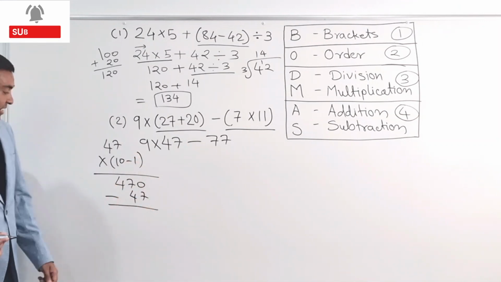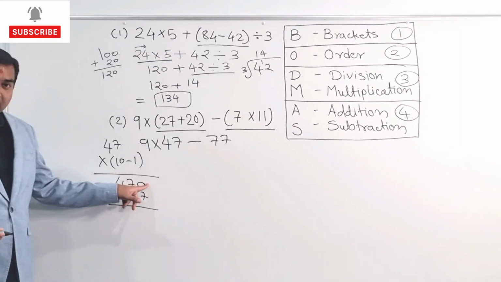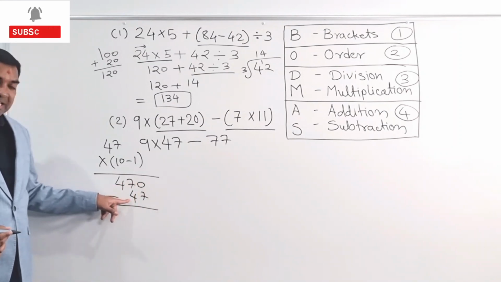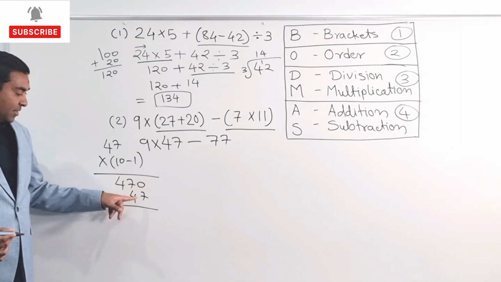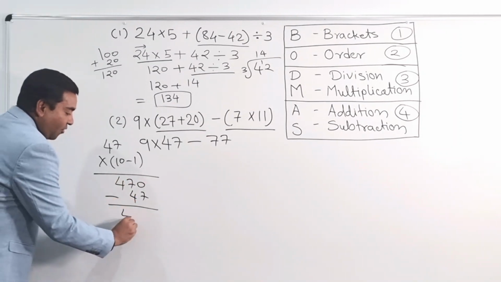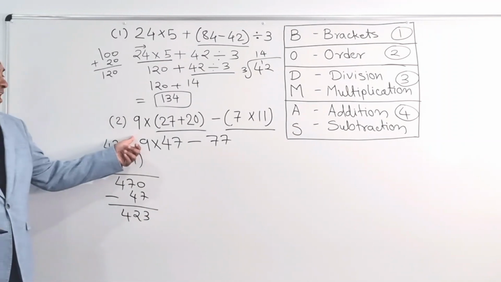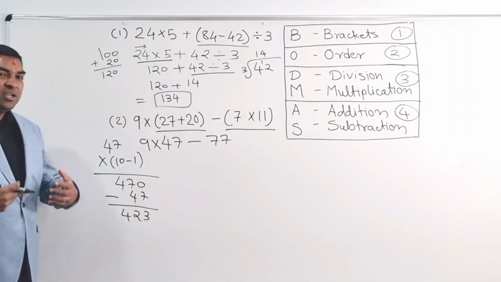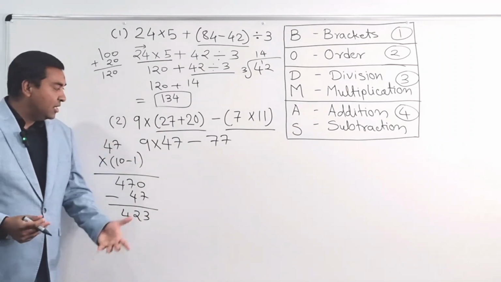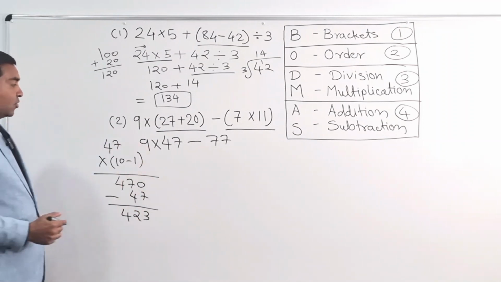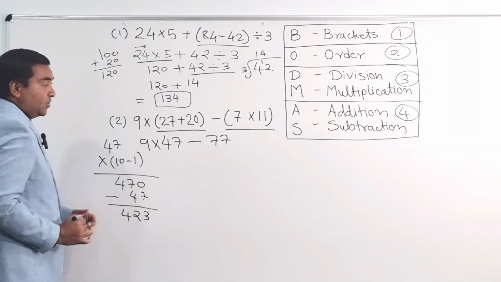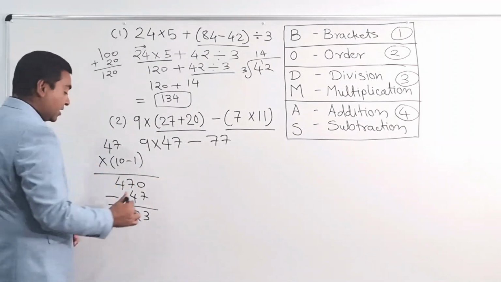And now you can see 470, if I minus 50, there will be 420, but then 3 less. So 423. So 423 is the answer of 9 times 47. Just a little bit more creativity, a bit of practice, and you can do it very, very quickly, guys, which is going to be a key skill in your selective exam.